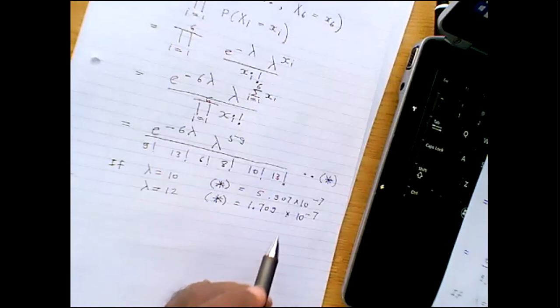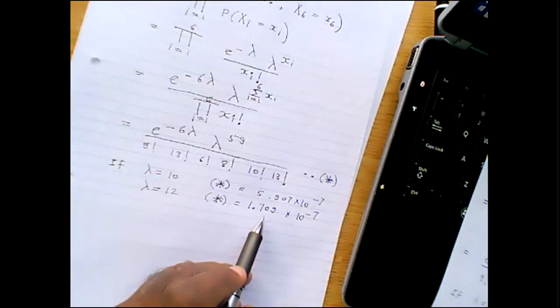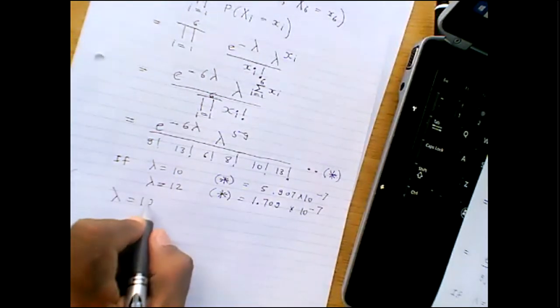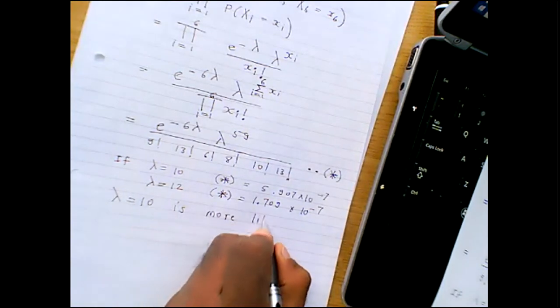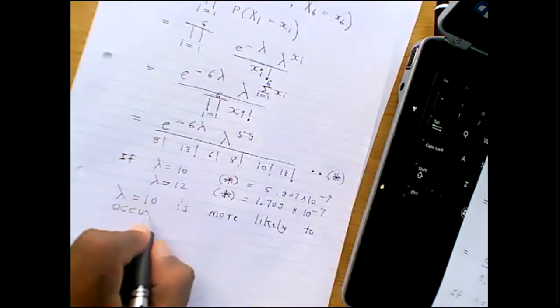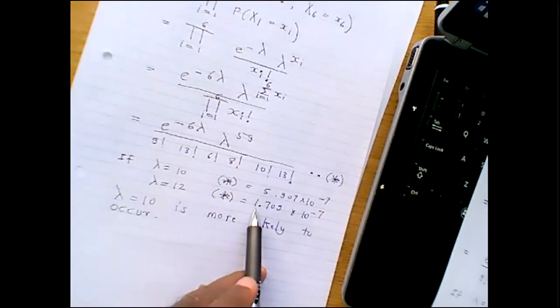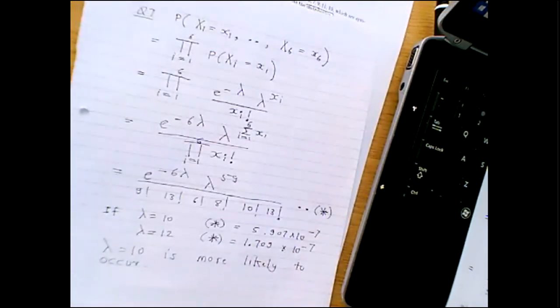Hence, the value that is more likely is the one that has the higher probability, which is this one. So the answer is that lambda equal to 10 is more likely to occur, because that has a higher probability. 5.907 is greater than 1.709. So that completes question 7, and it also completes tutorial sheet number 2.